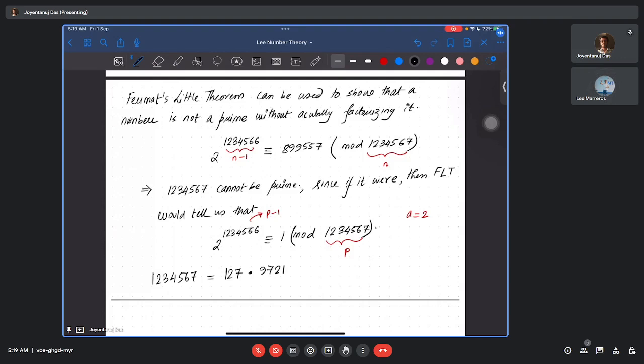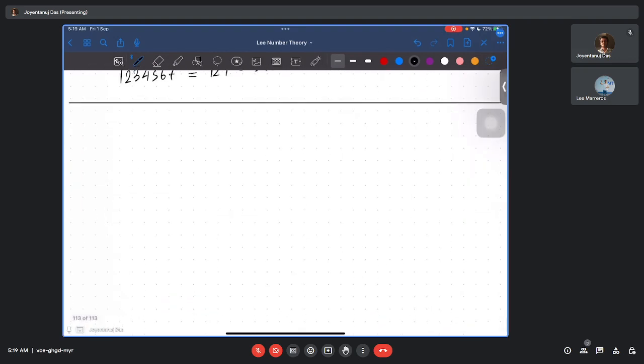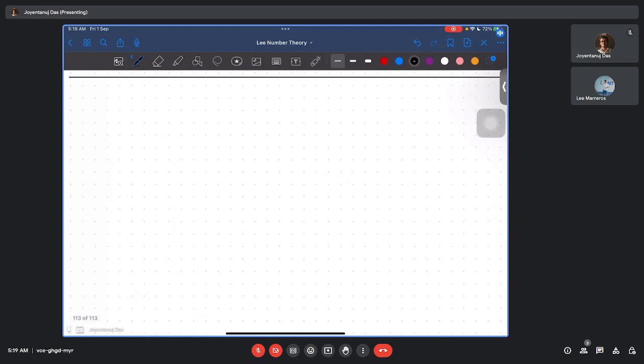Okay. So the first one is, they are saying use Fermat's theorem to perform the following task.